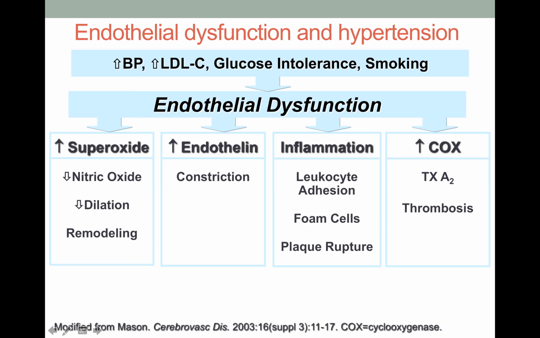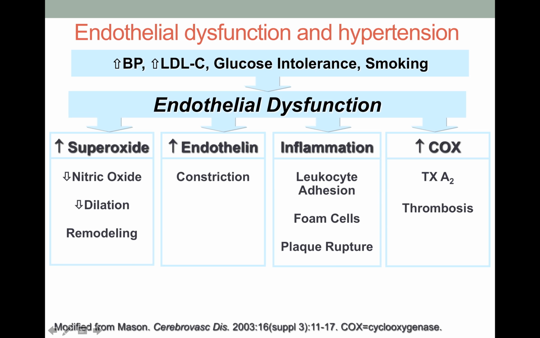Now, another one that we haven't talked much about is an increase in cyclooxygenase. So that's what you see there, the increased COX. So there are a couple different COX pathways, and this is really what anti-inflammatories like NSAIDs, like ibuprofen, really interact with. So with an increased production of cyclooxygenase, this increases thromboxane A2.